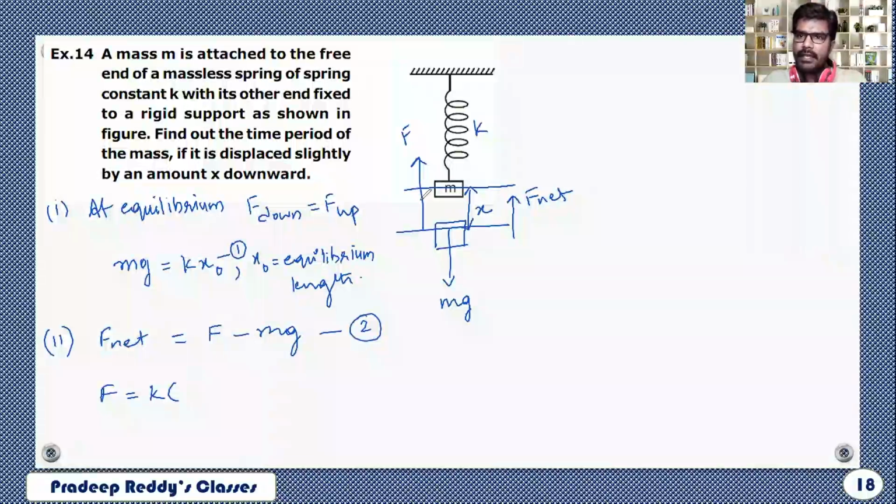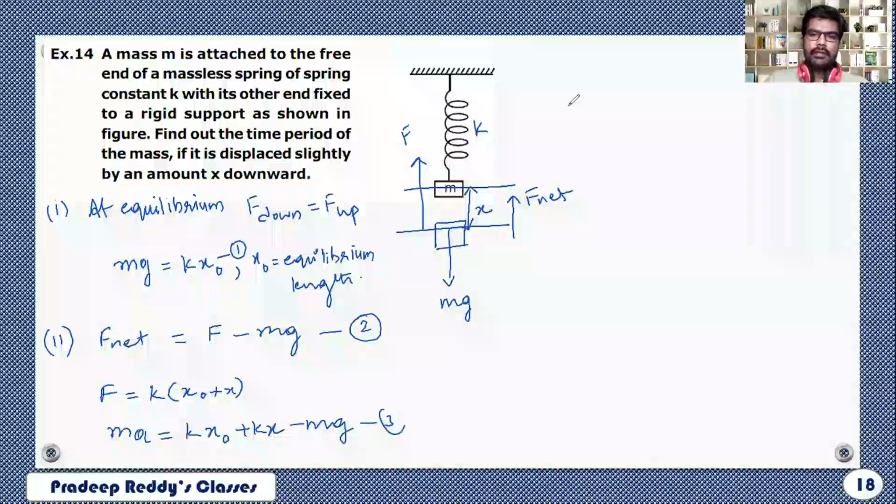X naught plus x. This is the spring force. So I can now write F net is equal to m into a, which is F written as k into x naught plus k into x minus mg. That is equation number 3.